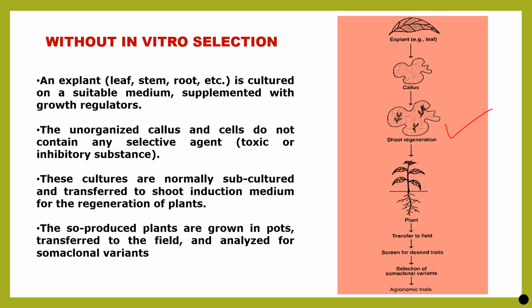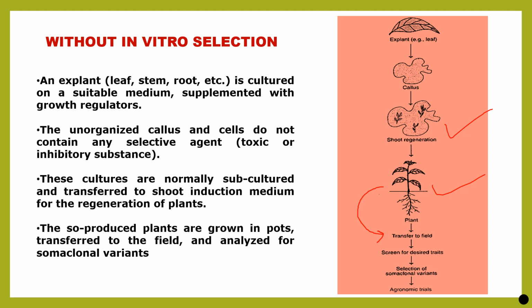Now, the plants produced are grown in pots and then transferred to the field so that they get acclimatized and habituated to the soil environment.